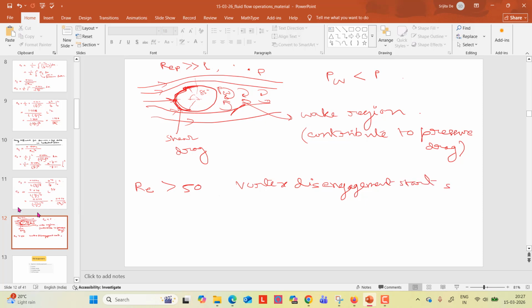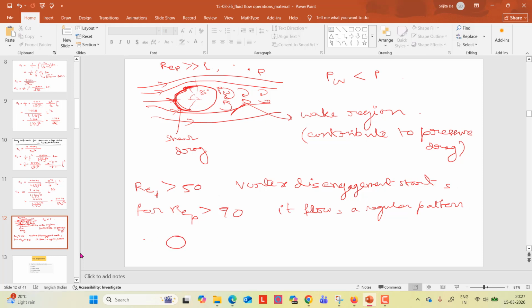And beyond that, for RE greater than 90, it follows a regular pattern. Okay.